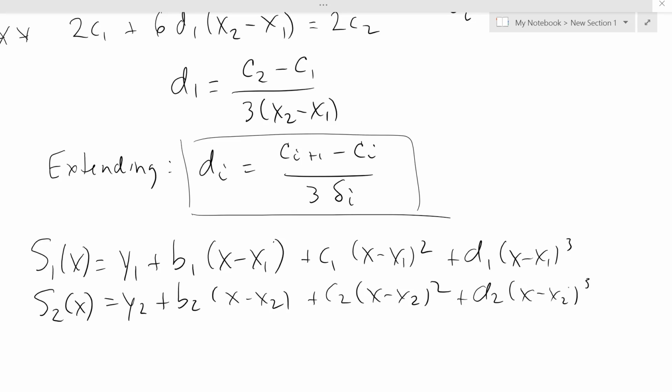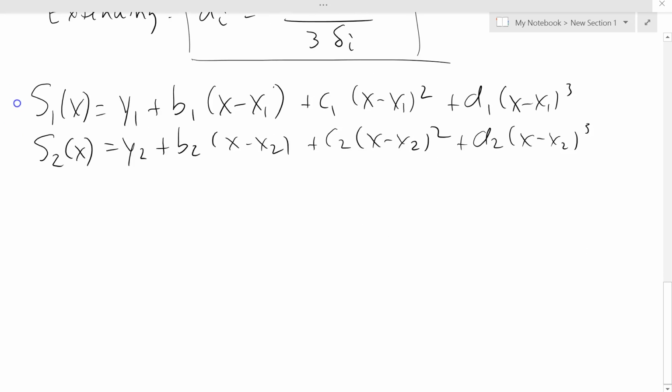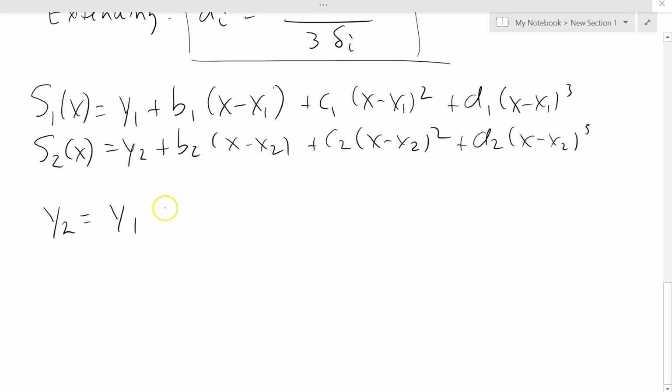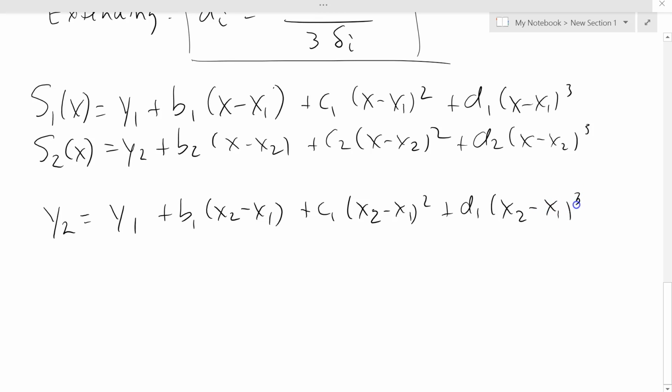Okay. So if we plug in the x2, we get the equation y2 equals y1 plus b1 times (x2 minus x1), plus c1 times (x2 minus x1) squared, plus d1 times (x2 minus x1) cubed.